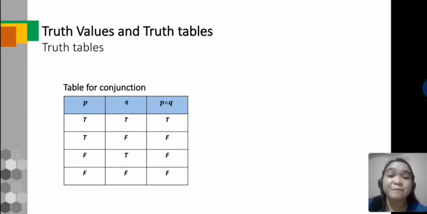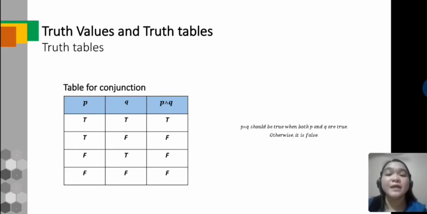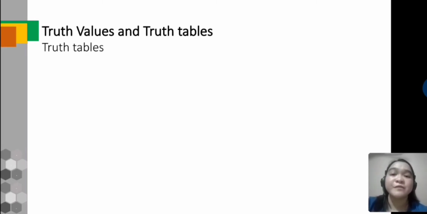But if P and Q are both false, then P and Q is also false. As we observe on the table, P and Q should be true when both P and Q are true. Otherwise, it is false. Next, we have the table for disjunction.